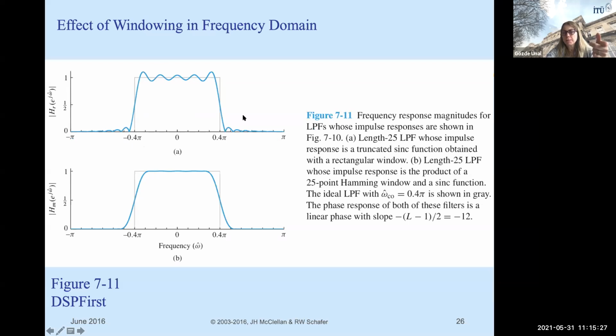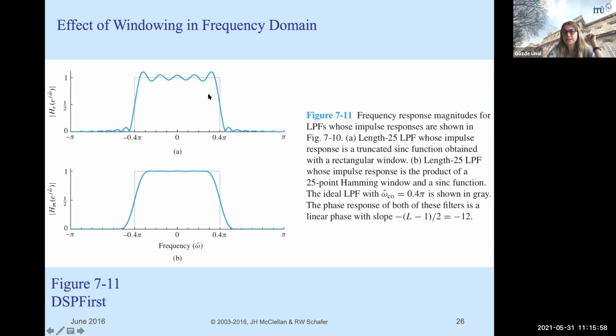You see more ripples, both in pass band and stop band. The second one, this frequency response, it's still a low pass filter. Still there are oscillations. This is not the ideal one, but very little. So it's much smoother. But you see also the transition band has a certain slope, slowly transitioning. Maybe actually this has a lower slope than this.